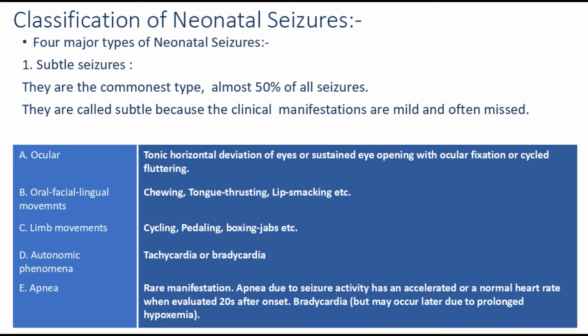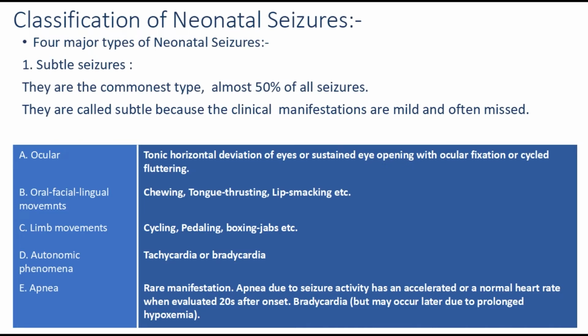First is ocular: tonic horizontal deviation of the eye. The neonate presents with tonic horizontal deviation of the eye towards one side, or sustained eye opening with ocular fixation or cyclic fluttering. Second is oral, facial, lingual movements such as chewing, tongue thrusting, lip smacking.